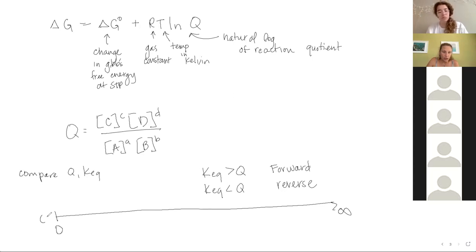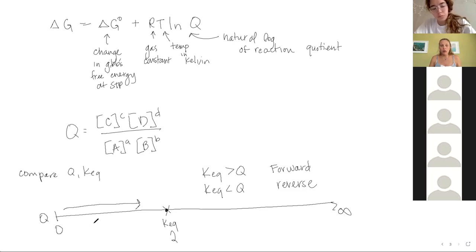And this line is representing Q. So when we're somewhere along this line, and we have a value of KEQ, say this value is like 2, if we are lower than this KEQ, then we're going to try to go forward to meet this KEQ.